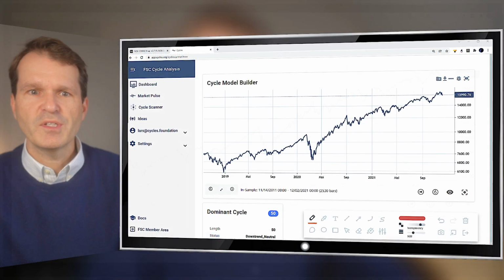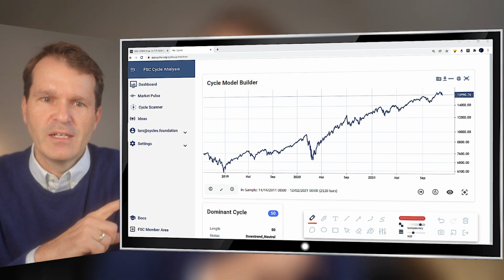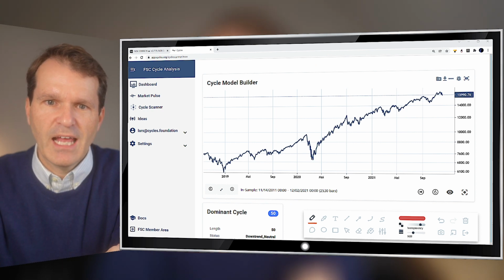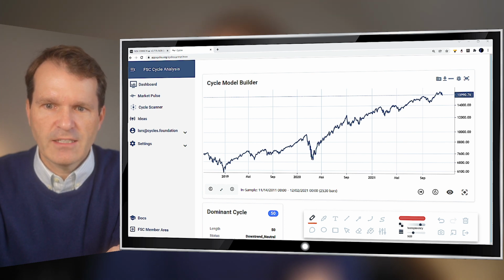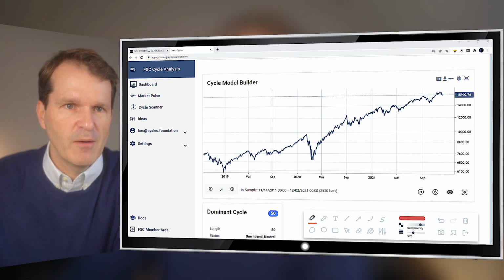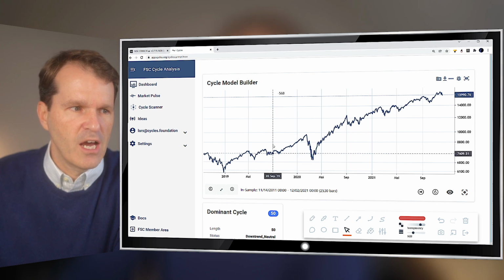What we're seeing here is the NASDAQ just loaded into our cycle analysis application. Before I start with the cycle analysis, I want to highlight some important topics about the price behavior on this chart.